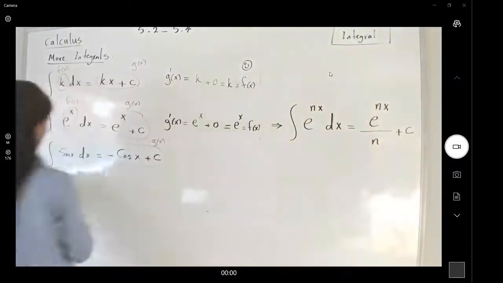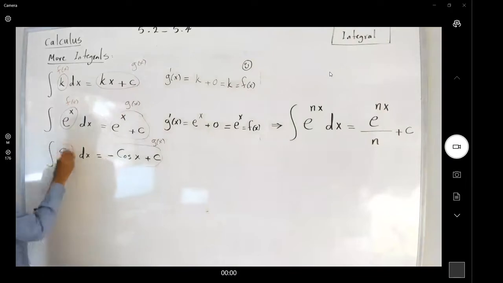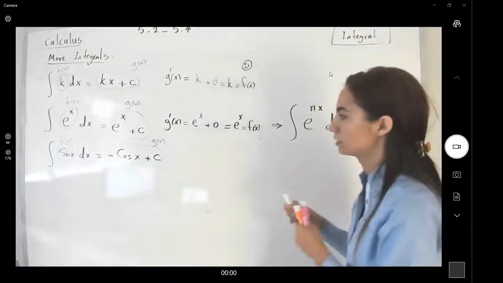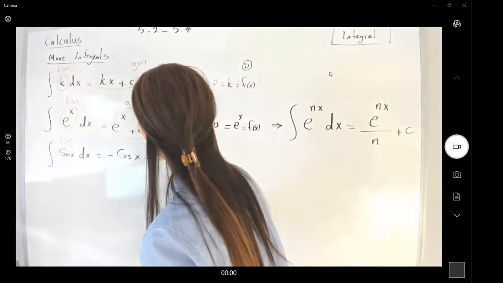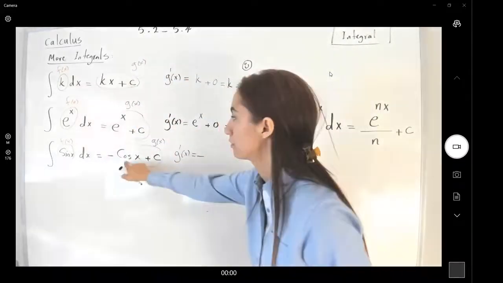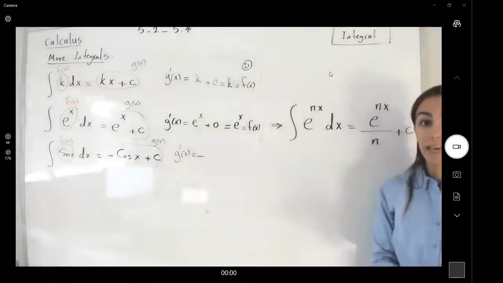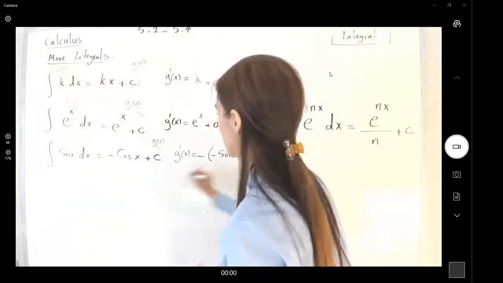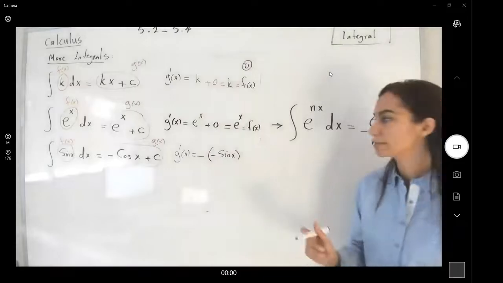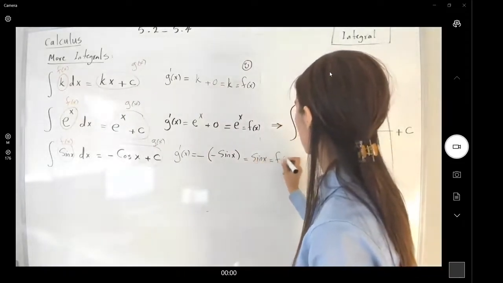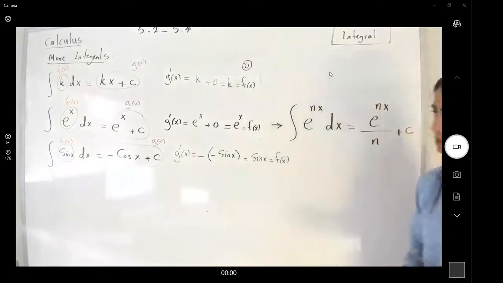This is g of x, and this is our f of x. The derivative of g is equal to, so we have a minus sign, and the derivative of cosine is a negative sine, so we get two minus signs. The derivative of c is just 0, so it is equal to sine x, which is our f of x.